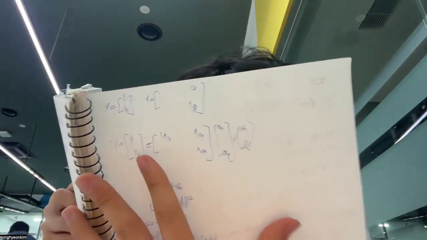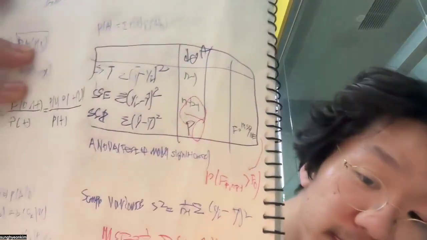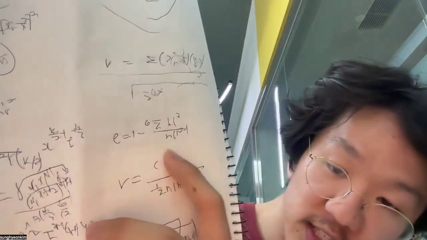And this whole equation we can represent as a matrix. And when you calculate this, it will be connected to MSE. So actually, I'm curious about why the degrees of freedom come out like this. And this was each of the correlations.